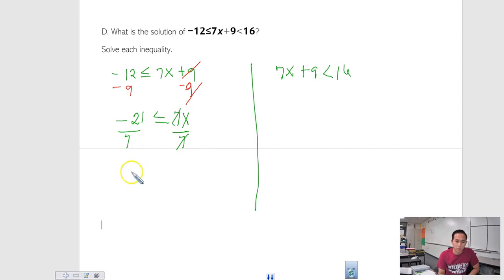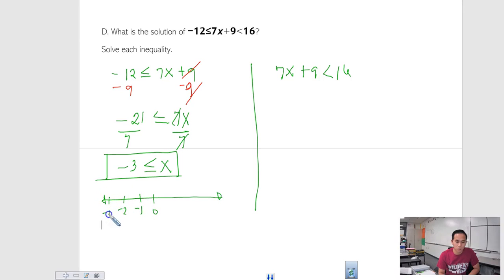Therefore, we have negative 3 is less than or equal to x. So if I'm going to graph that, we have 0 here, that's negative 1, negative 2, negative 3.